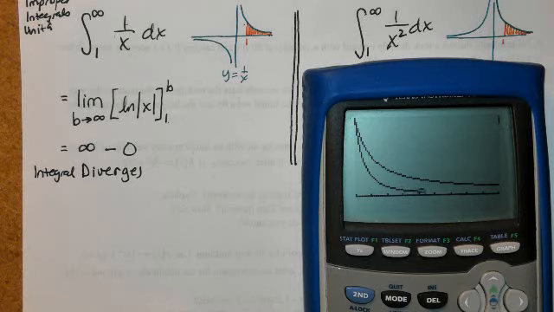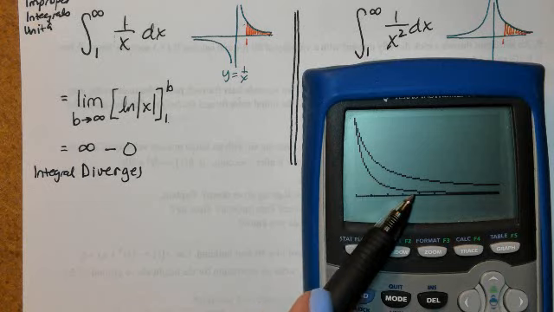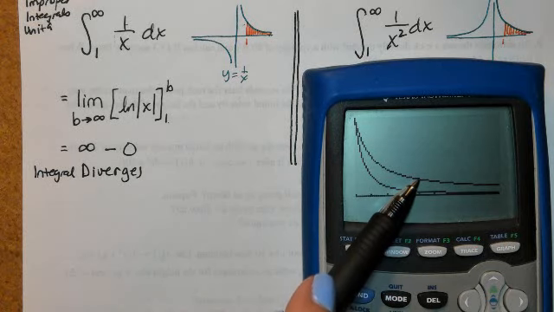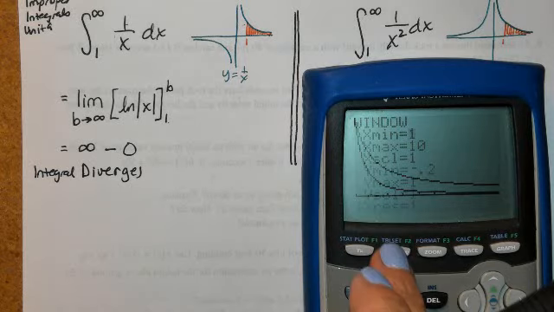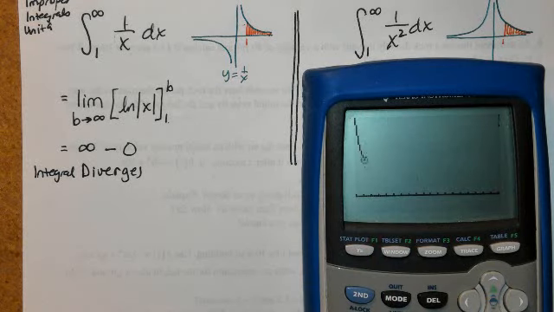So here's 1 over x squared. And as x goes to infinity, 1 over x squared is also going to 0. But if you notice, 1 over x squared is going to 0 more quickly than 1 over x does. If we went not to 10 but to 20, there's 1 over x.